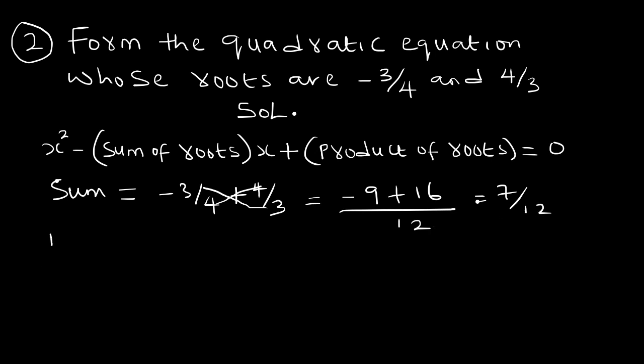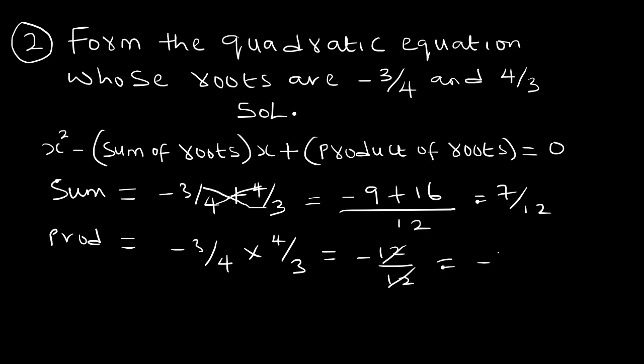So we'll go for the product. The product will have minus 3 over 4 multiplied by 4 over 3. Let's just multiply. Minus 3 times 4 is minus 12. And 4 times 3 is 12. So 12 will cancel 12 and we'll have minus 1.